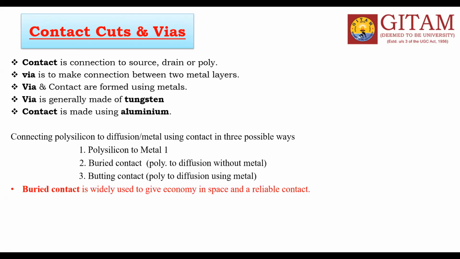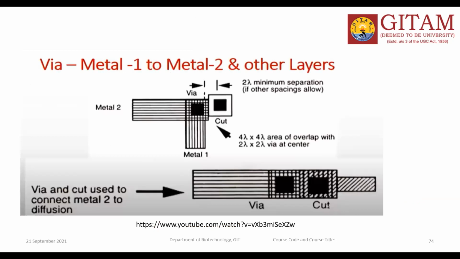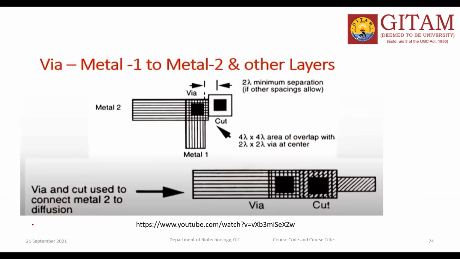Yesterday we discussed how the via and contact are made. You already know the contact, but when it comes to the via, this is the via, and this is the contact cut. To join two metals, metal 2 and metal 1, a via is required, which is a square cut.